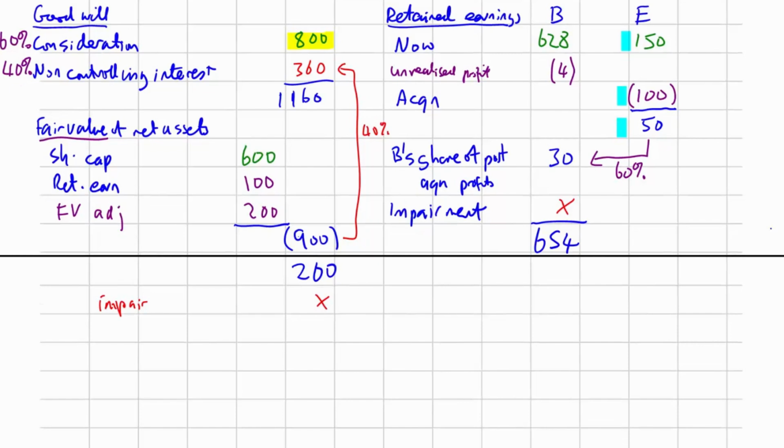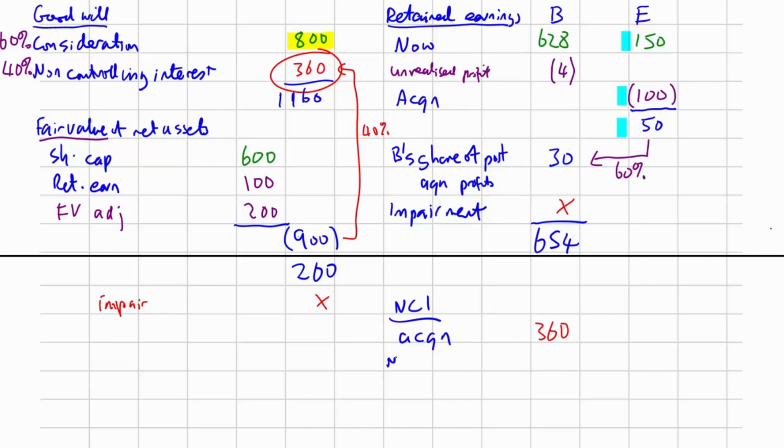Okay, so the first method is for our non-controlling interest. What we can do is think about, well, what was our non-controlling interest on acquisition? Well, we had 360, didn't we? That was the number that we had here. So that was the non-controlling interest when we bought the company. And then what we want to do is include their share of the post-acquisition profits.